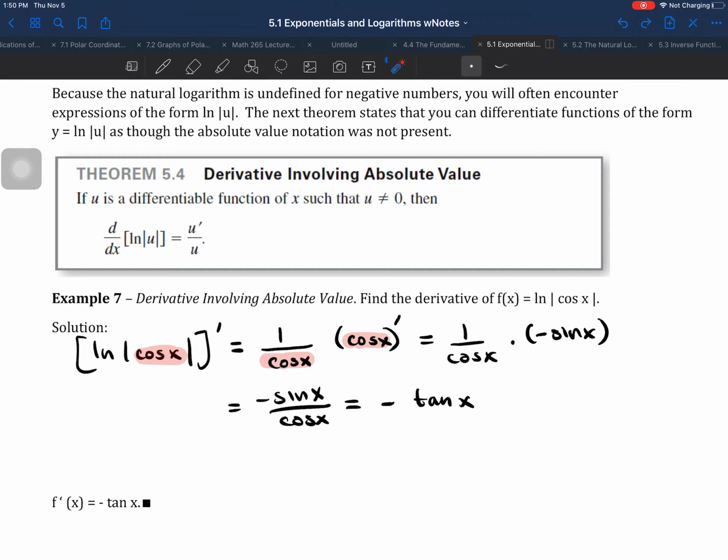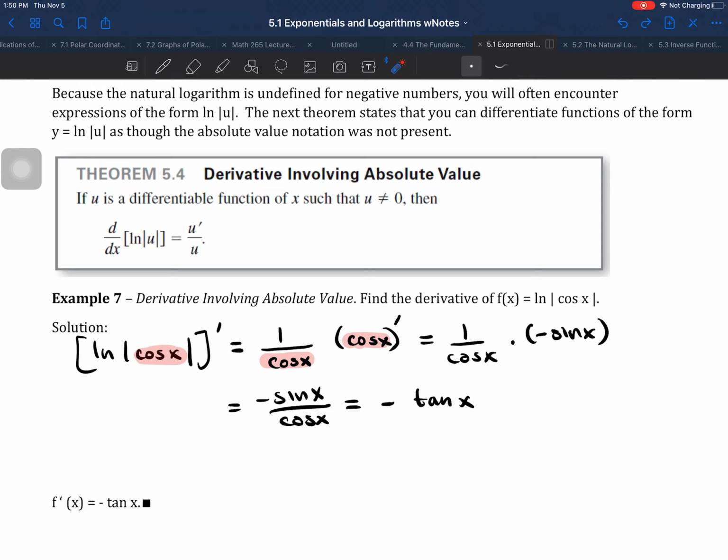The derivative of cosine is negative sine of x, so then we're left to multiply those together, which gives us negative sine of x over cosine of x, which is negative tangent of x. So we just found out the derivative of natural log of cosine of x is negative tangent of x.